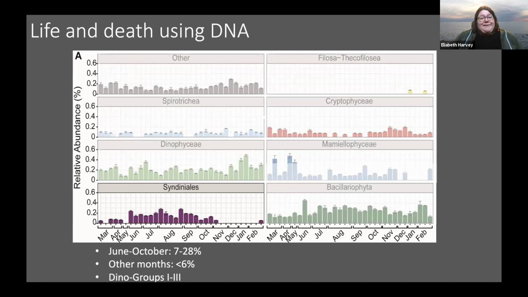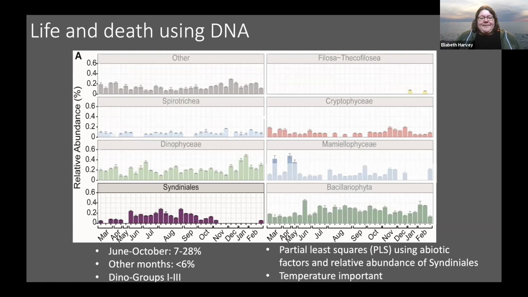It just so happens, if you don't know, that Syndineales are essentially parasites. They're a large family and group of parasites. They can infect lots of different types of marine plankton, including marine phytoplankton. Dinoflagellates in particular have a long sordid history with Syndineales.